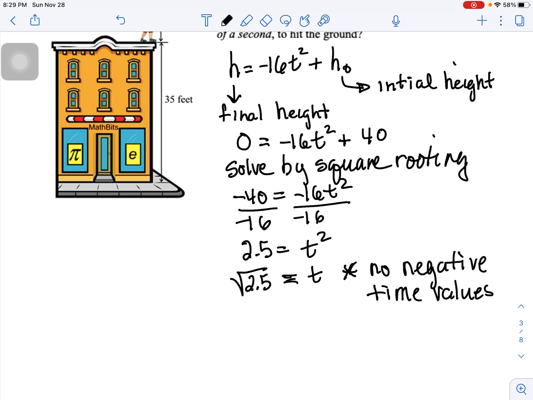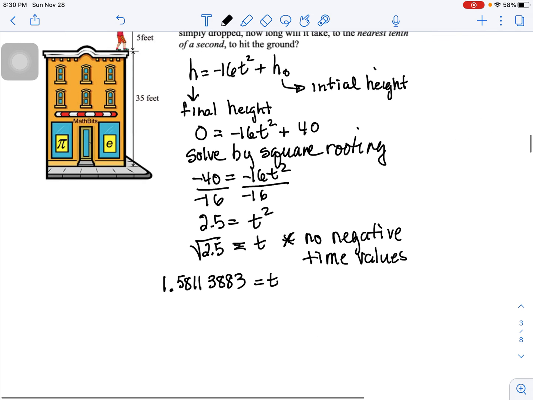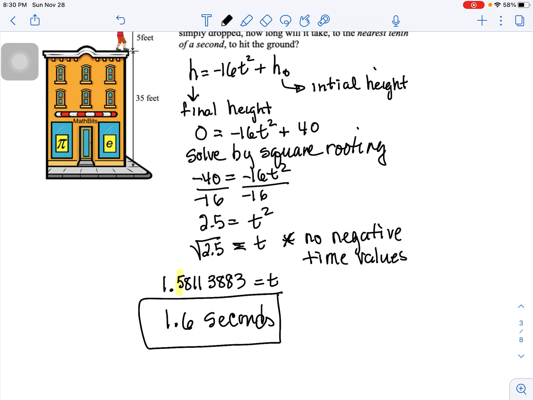So square root of 2.5 is 1.58113883. And the problem said round to the nearest tenth. So the tenth is right here. The 8 rounds the 5 up to a 6. So 1.6 seconds is your answer.